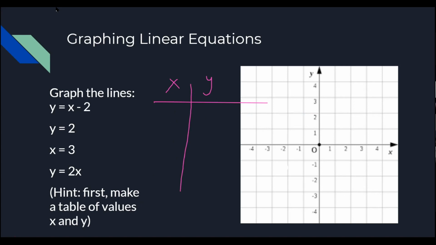Oh, sorry. I meant the equation x equals 3. Okay, yeah. So this one is a little tricky.